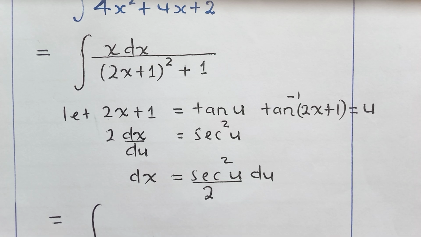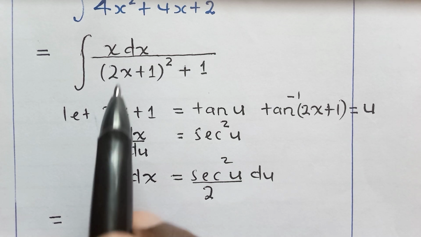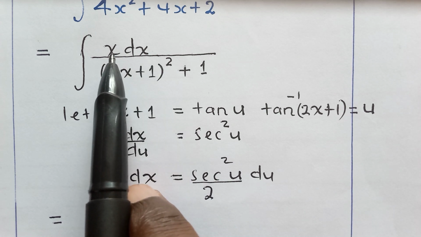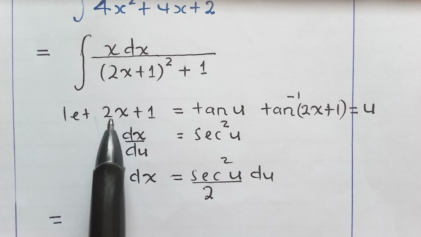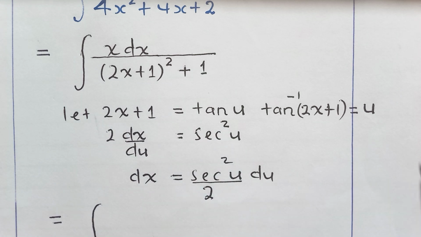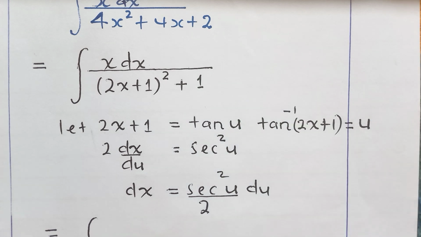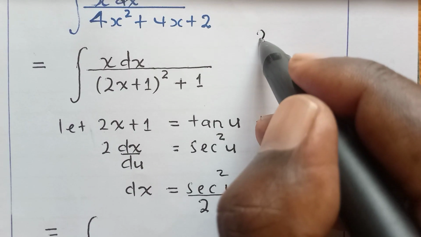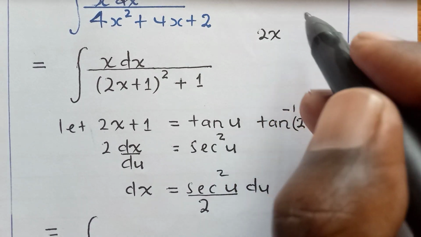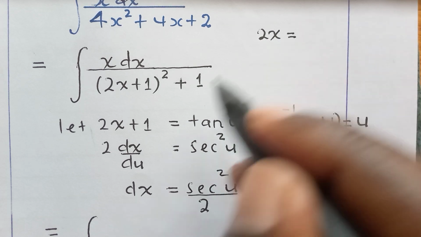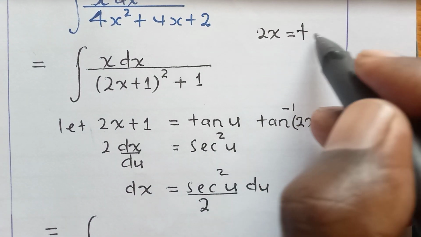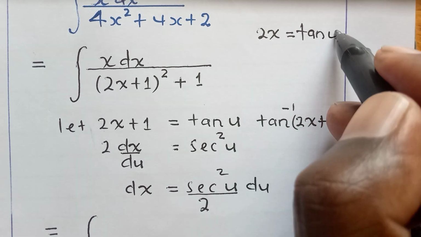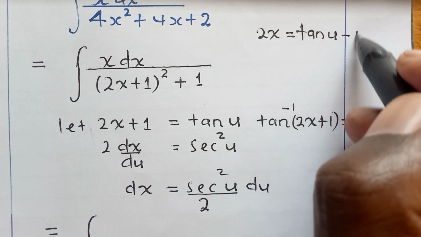We substitute the x for this one, which we can do maybe somewhere here, where we say 2x is equal to tan u minus 1.